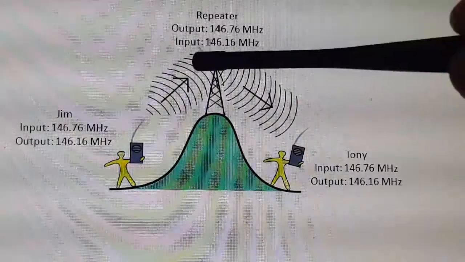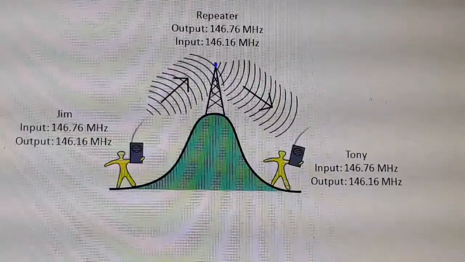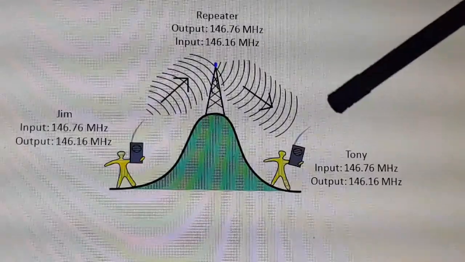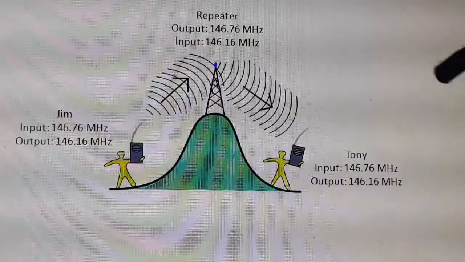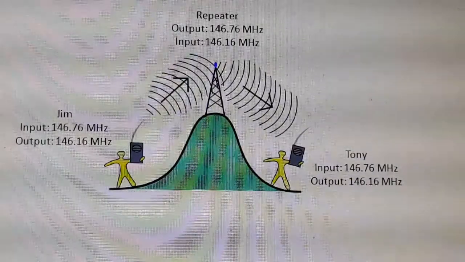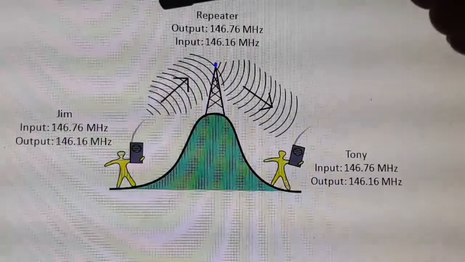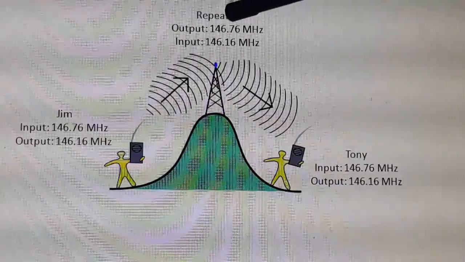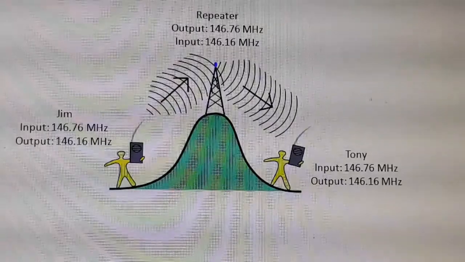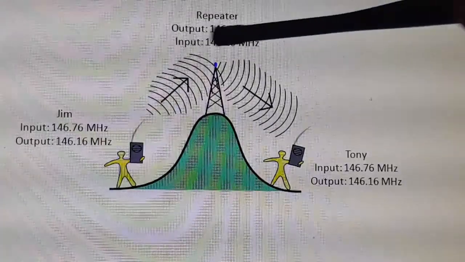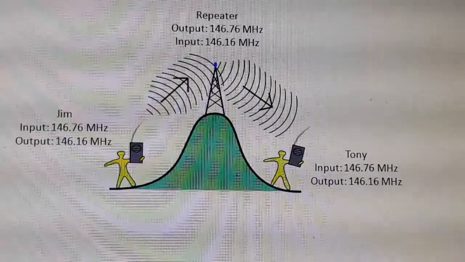I'll show you on my radio now, on a 70 centimeter one, how to program a radio to do that. But when you key the mic, for example, on here, you would say 146.76. When you let go and listen, you would hear it on a different frequency. So that's basically how repeaters work.